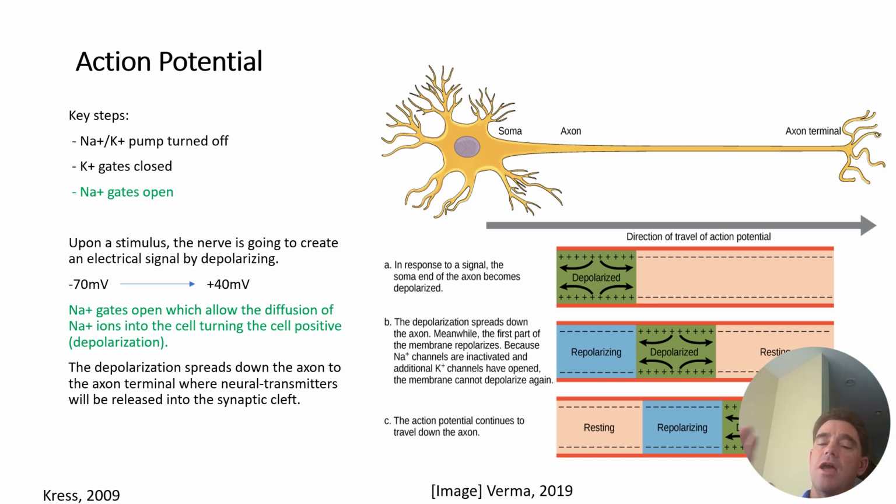This is going to happen in sequence down the axon. If we segment the axon here, it's going to happen here. We're going to trigger the first sodium gate, then it will go to the second, and so on and so forth down the axon until you reach the axon terminal.